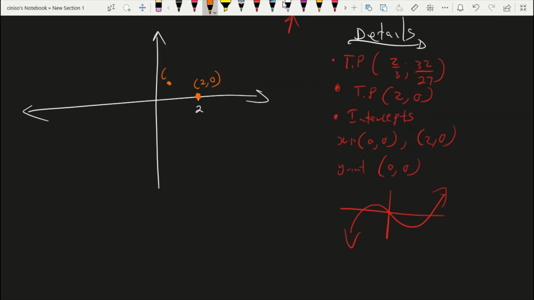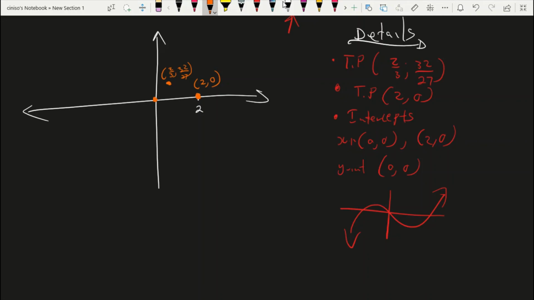So let's say this will be 2 over 3 and 32 over 27. It's another turning point. And then our intercept passes through 0, and it also passes through 2.